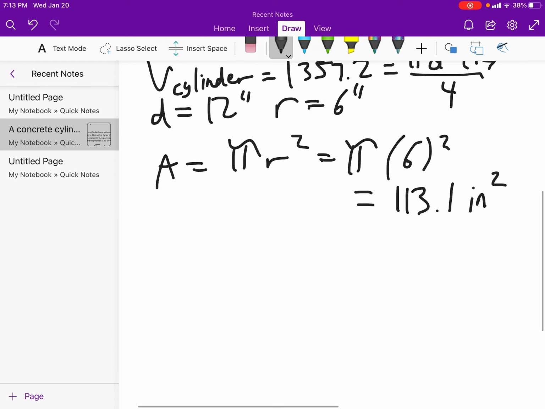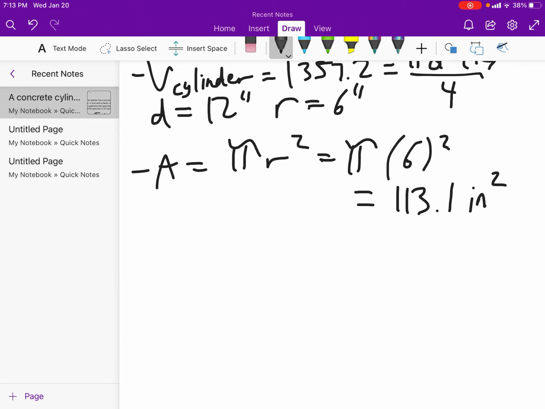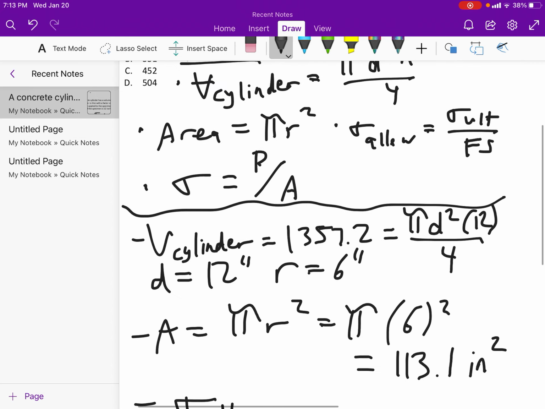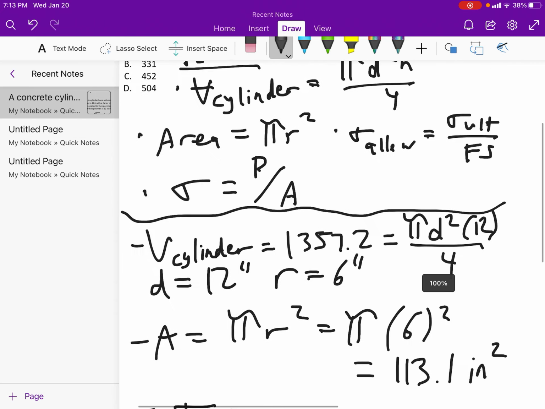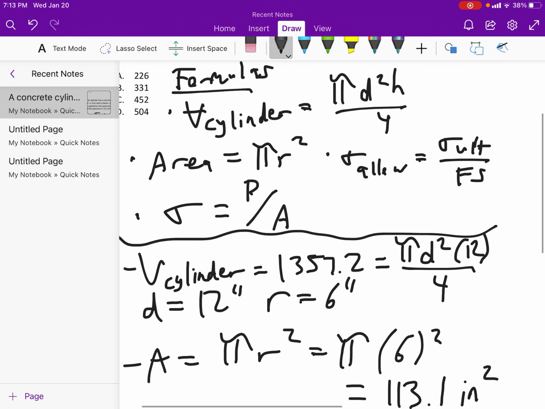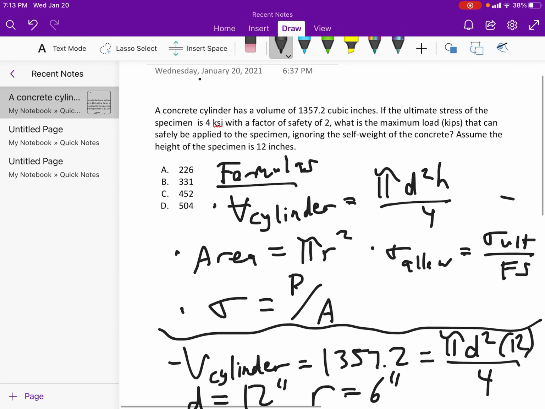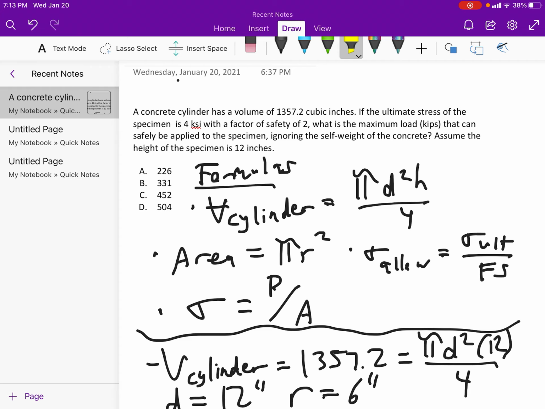So now we're going to find the allowable stress. So stress allowable, what we can see from up here, is the ultimate stress divided by the factor of safety. So from the problem statement, we can see that the ultimate stress is 4 ksi, and the factor of safety is 2.